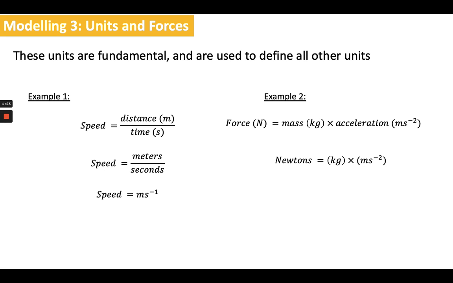So I know that newtons, which is my unit for force, is a compound unit of kilograms and meters per second squared, which are my units for mass and acceleration respectively. So force is measured in kilograms meters per second squared, and so 1 newton is 1 kilogram meter per second squared. That's an example of how I can construct or define all other units using SI base units.